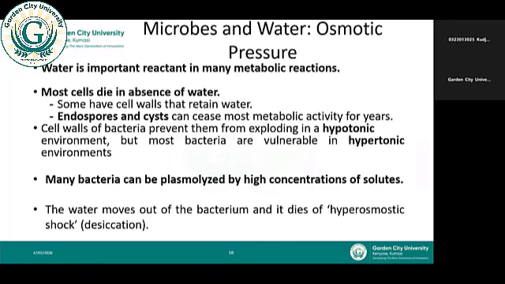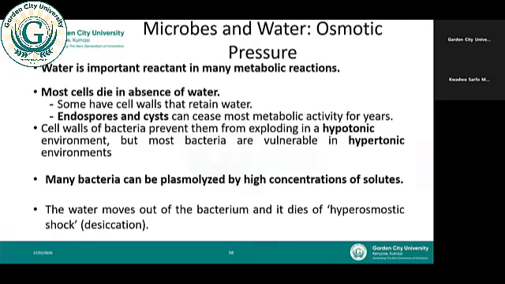So microbes and water. Every organism needs water. If you put an organism in a condition that has more water outside than what it has inside, that environment is hypotonic. Hypotonic means it has less solute, so more water in the environment than what is inside the cell.